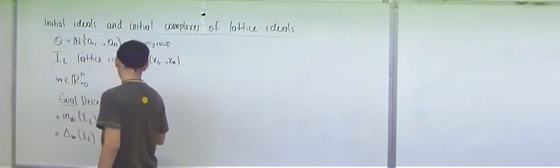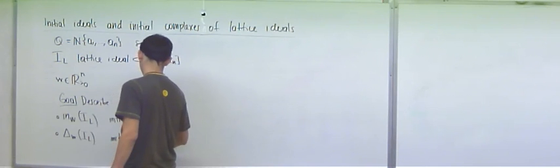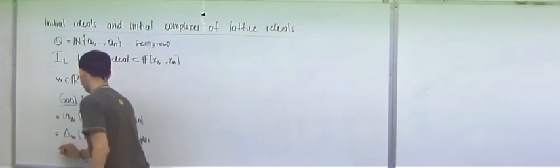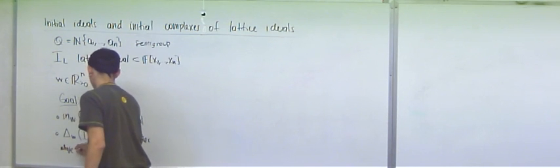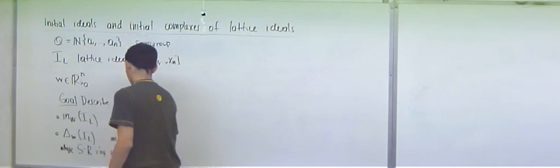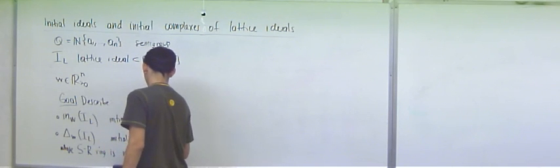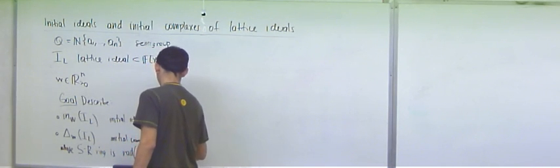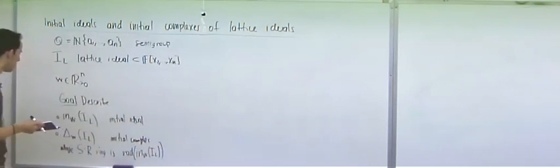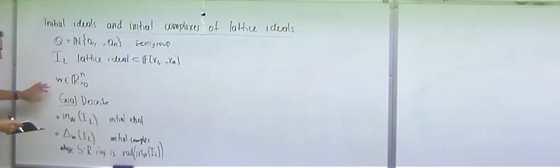And this is the initial complex. And we said that this is the guy whose Stanley-Reisner ring is the radical of that initial ideal. Okay? And that's our goal for today, is to describe these two things explicitly.